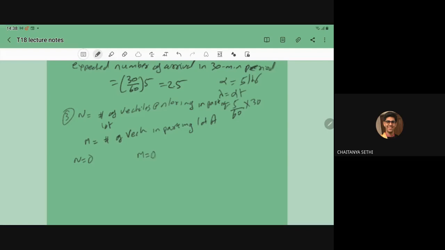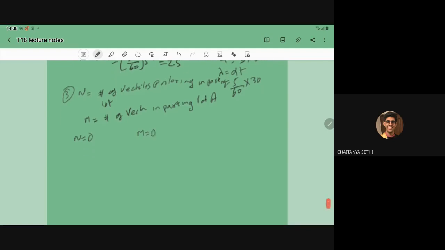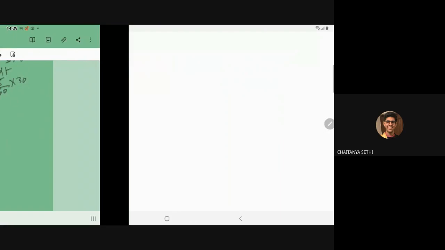There is no vehicle in parking lot A. If there is one vehicle entering, the first vehicle goes to parking lot A, so M is equal to 1. When N is equal to 2, then also M is equal to 1 only. Clear?